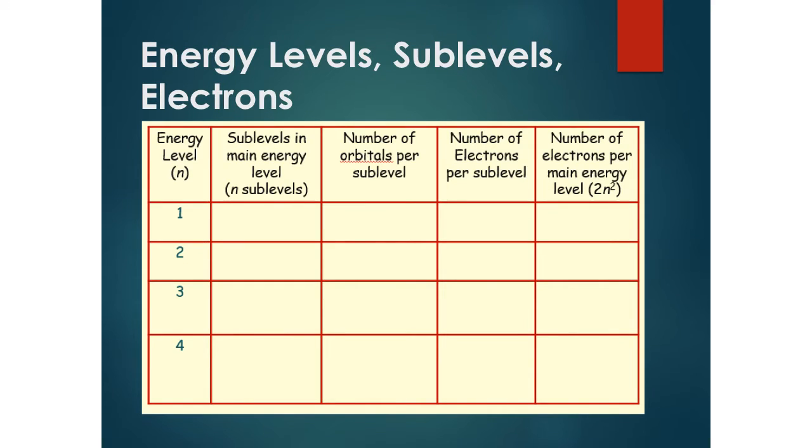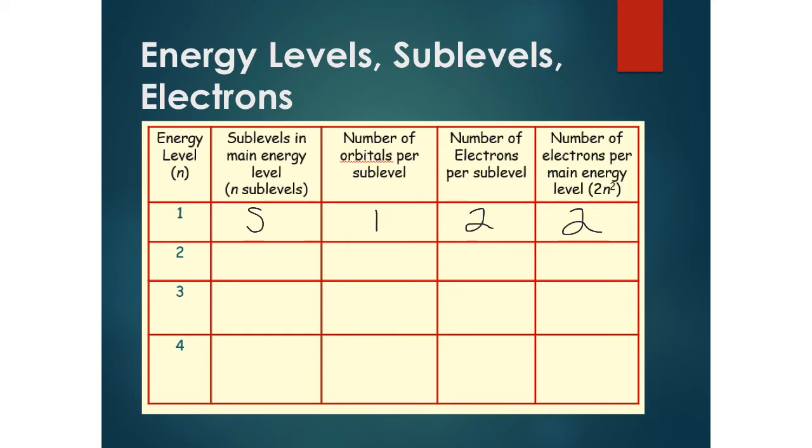The only sublevel in the first energy level is S. The S sublevel only contains 1 orbital, so we can have 2 electrons in there. So we have a total of 2 electrons in the first energy level.